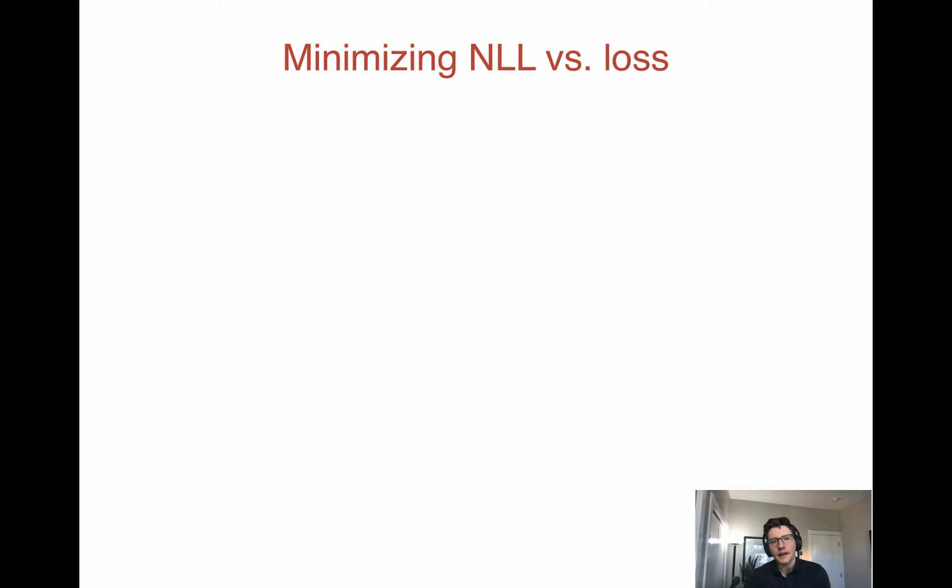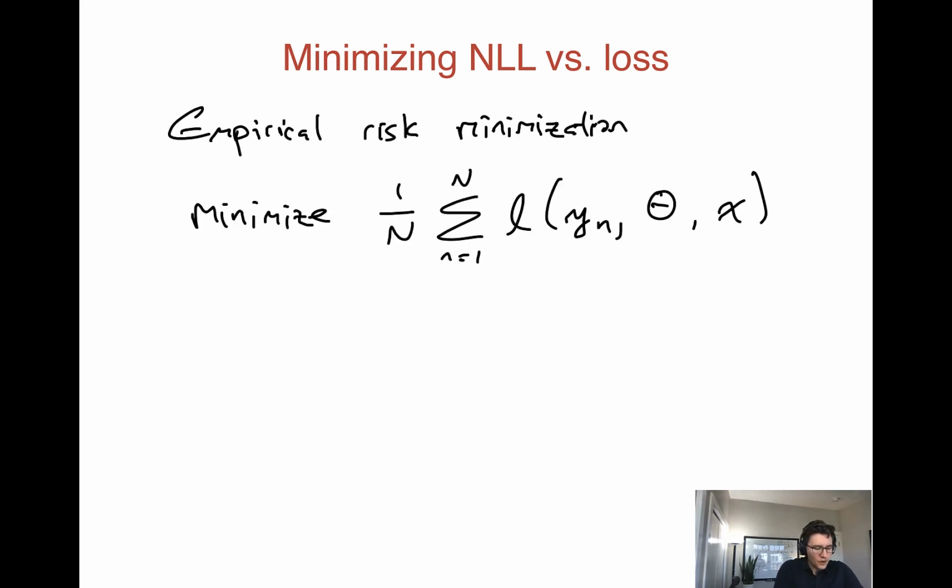So let's compare that to the traditional or non-probabilistic machine learning strategy. Often when we're doing machine learning that doesn't express itself as probabilistic machine learning, the problem is posed as an empirical risk minimization problem, where we're trying to minimize this expression here.